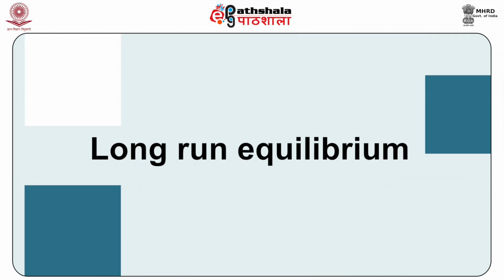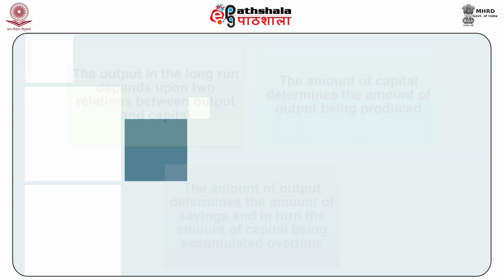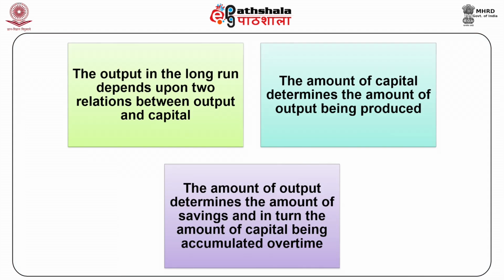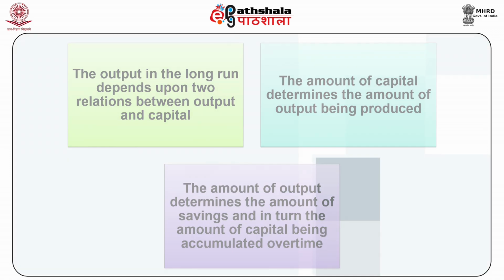Moving on to the long run equilibrium. The output in the long run depends upon two relations between output and capital. First, the amount of capital determines the amount of output being produced. Second, the amount of output determines the amount of savings and in turn the amount of capital being accumulated over time.